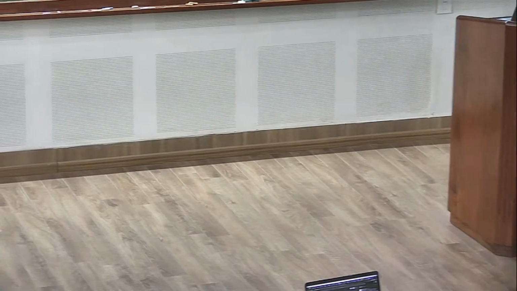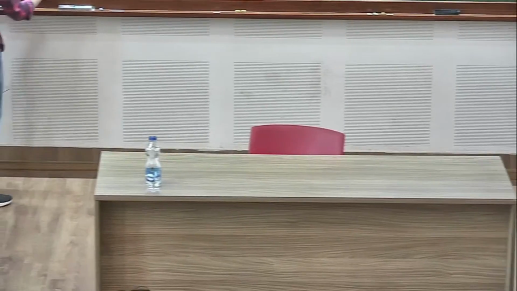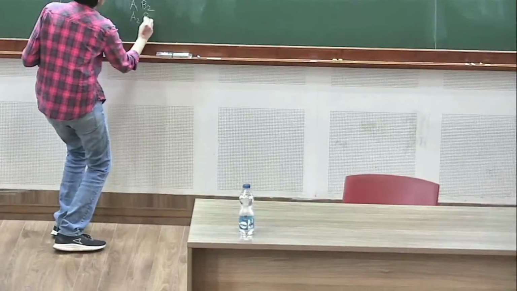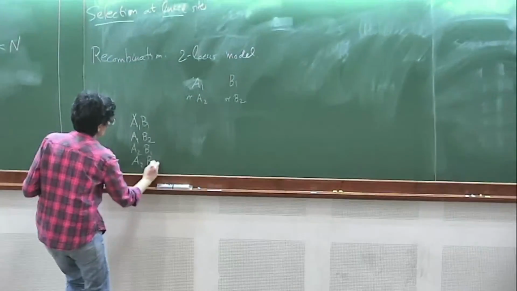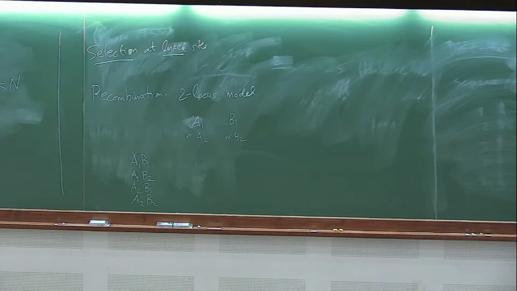The second site can have only B1 or B2. Is it clear? Okay, you want to try? A1, B1. Yeah. A1, B2. A2, B1. Yeah. Is it clear? Good. Okay. So these are the four possible genotypes we can have.